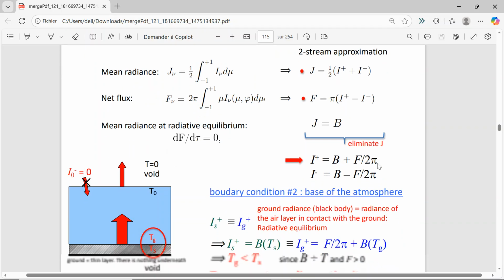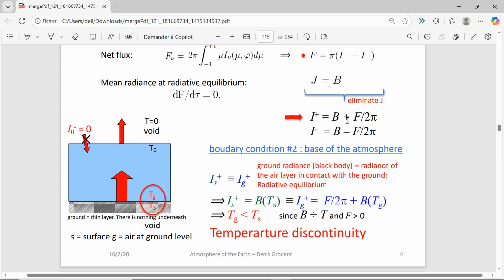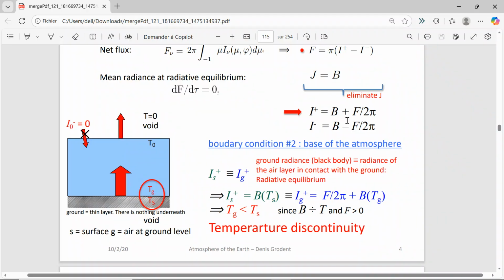Using the same development, assuming the mean radiance and the flux being equal, so you get A plus and A minus equal to this, and assuming that the mean radiance of the surface is equal to the mean radiance of the ground. So the ground radiance is equal to the radiance of the air in contact with the ground. So we get a radiative equilibrium.